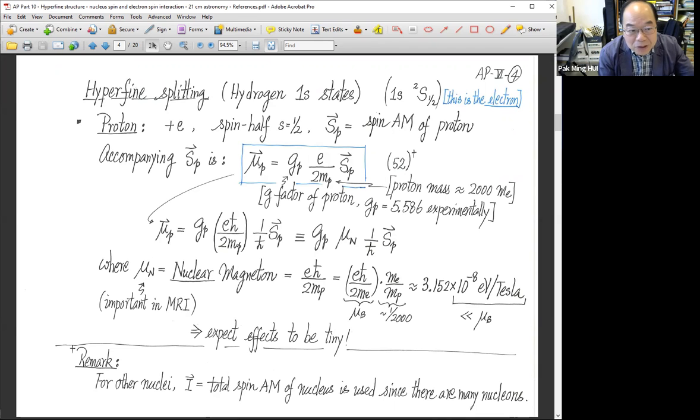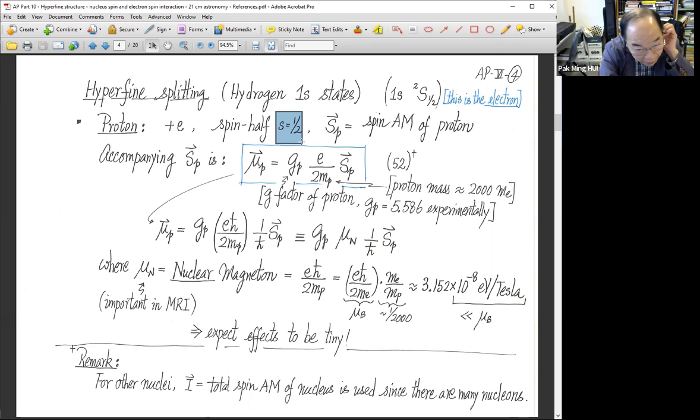So we look into the nucleus effect. The nucleus of a hydrogen is a proton, charge plus e, that part we already handled. It gives the Coulomb attraction. But we haven't considered the spin of the proton.